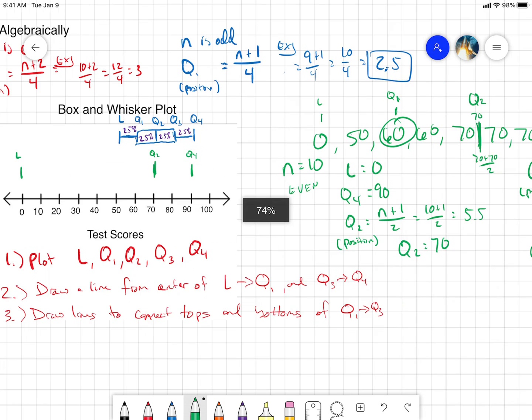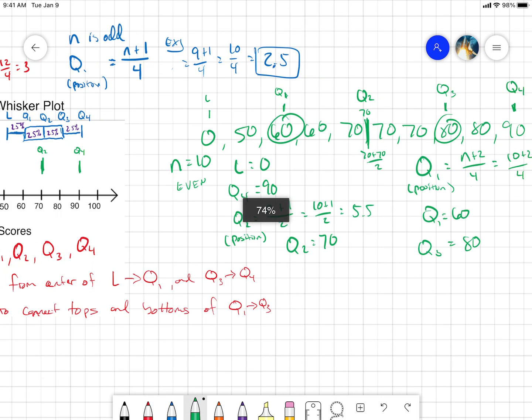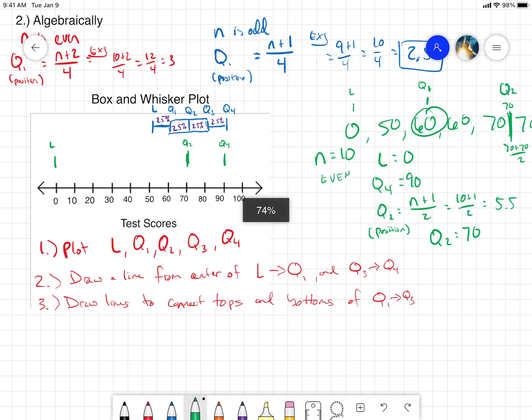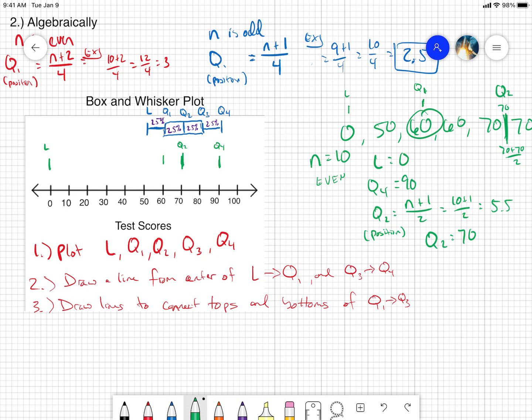We had Q1, which is at 60, and Q3 at 80. Okay. Now I'm going to connect my whiskers from L to Q1, from Q3 to Q4. Then I'm going to connect the tops from Q1 to Q3, and bottoms from Q1 to Q3.